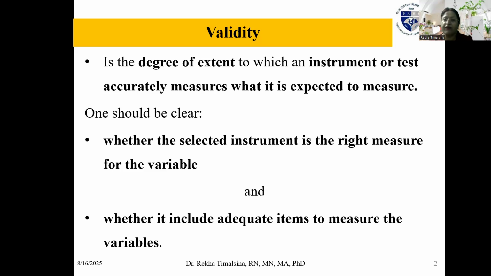When reporting validity, it is essential to specify who the subjects were and the circumstances under which validity was assessed. Validity can be determined through experts' opinion, by comparing the instrument with a recognized standard, or, particularly in the case of criterion validity, through objective methods.